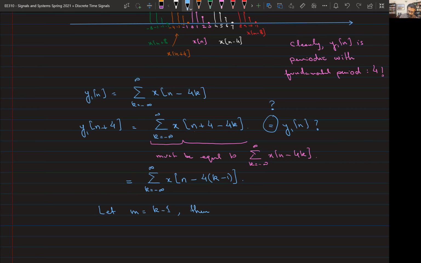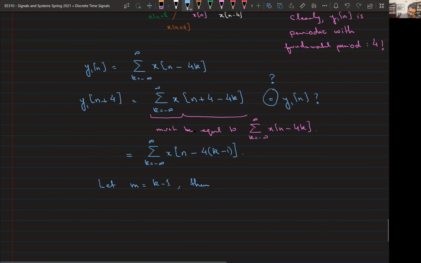So here m goes from minus infinity to plus infinity, and x of n minus 4 times m is indeed equal to y1 of n. And here's the proof.